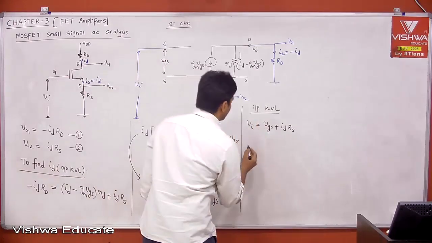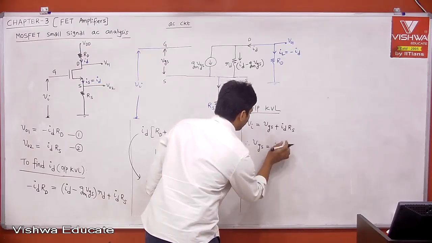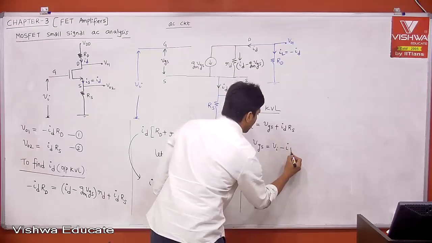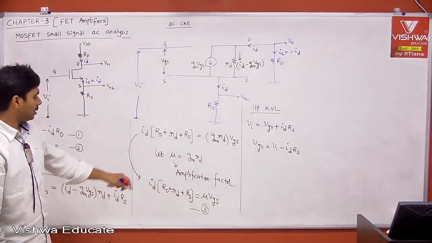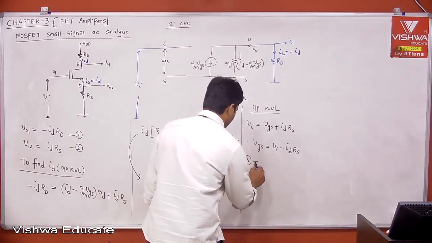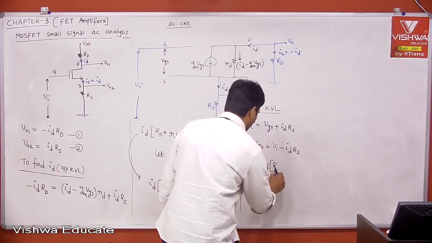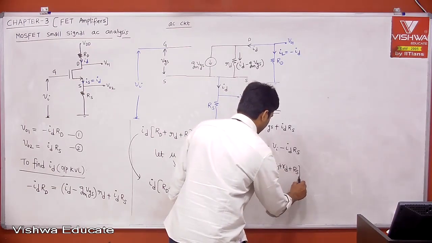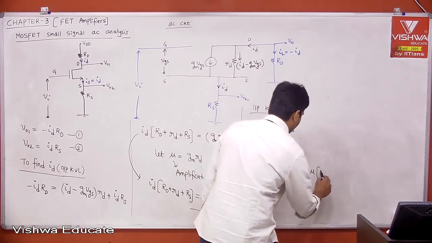Therefore, now what is VGS? Therefore, VGS is equal to VI minus ID into RS. You substitute that in equation 3. Therefore, 3 implies, what is your ID? If I take ID common, you will get capital RD plus small rd plus RS is equal to mu into, what is VGS?